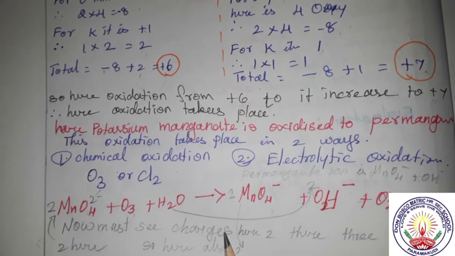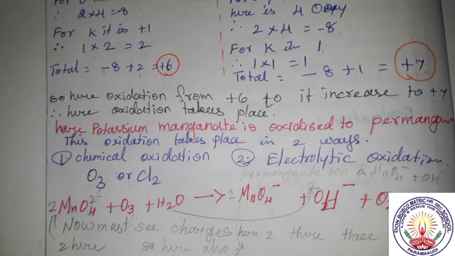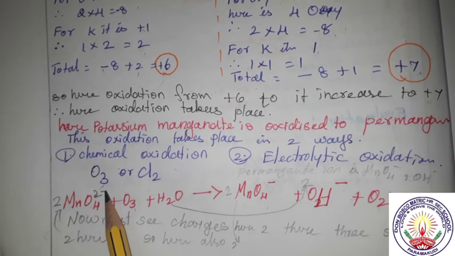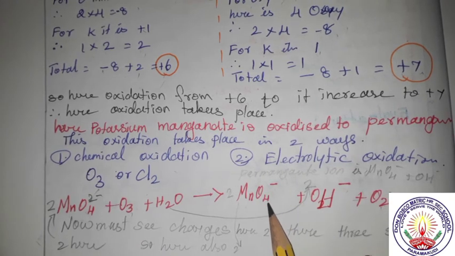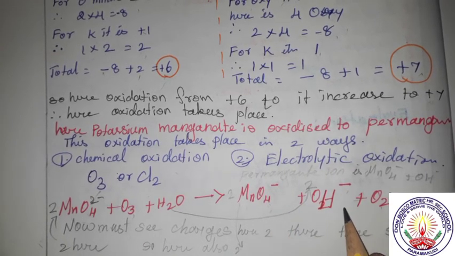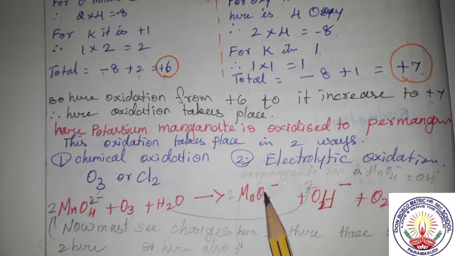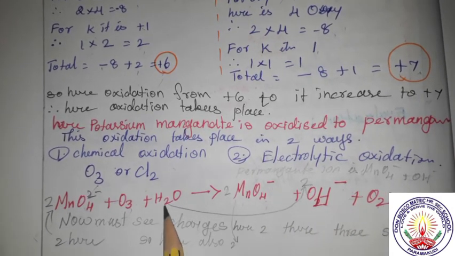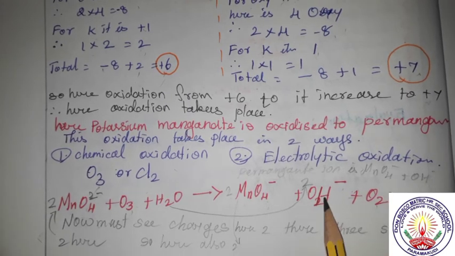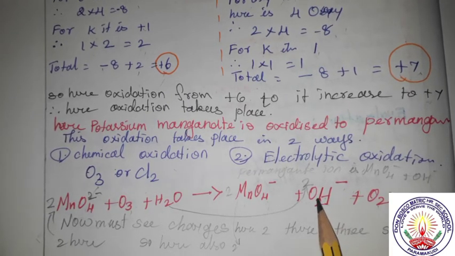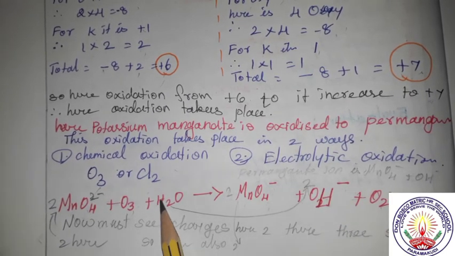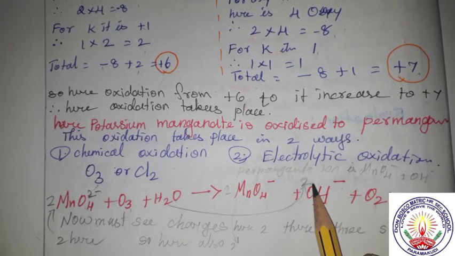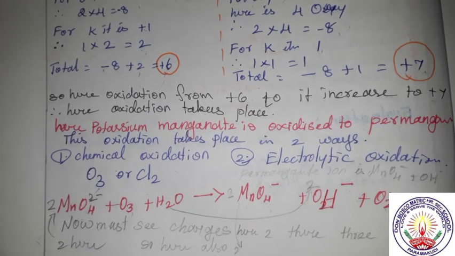but now we shall see the charges. Charges: here 2 minus, here 3, here 1 plus, here 2. See, here there is only OH. So for the OH and water to balance, here there is H2, so we need to add 2 here. So this equation is balanced.